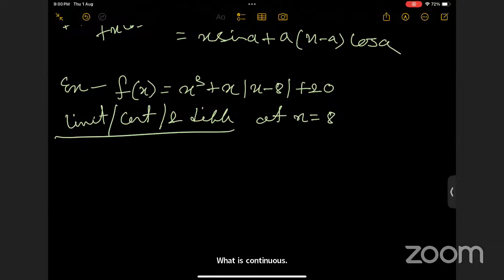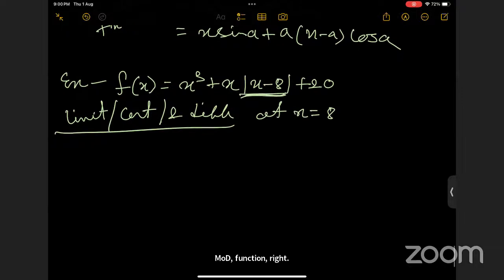So basically, it's clear from the mod function, right? Is it plus 20 in the end? Yeah, this is plus 20 only. So it's fine. We don't have any problem with any other term because they are simply polynomial functions.